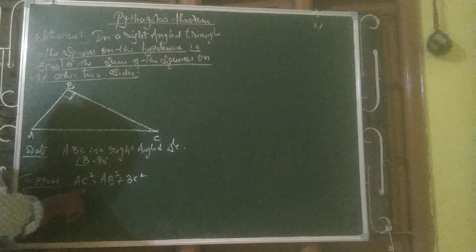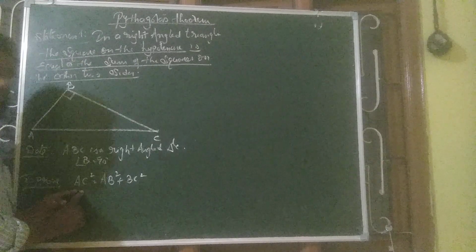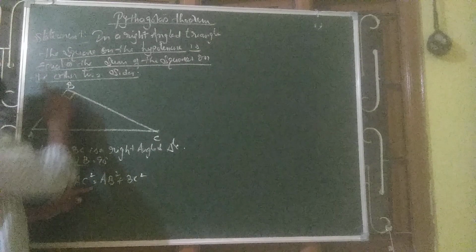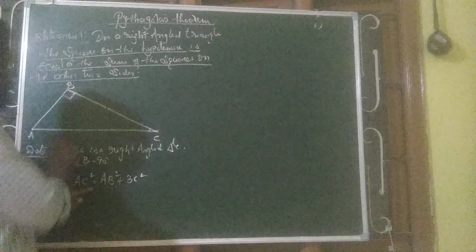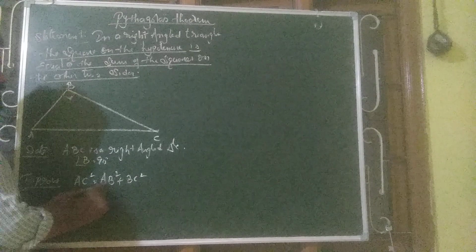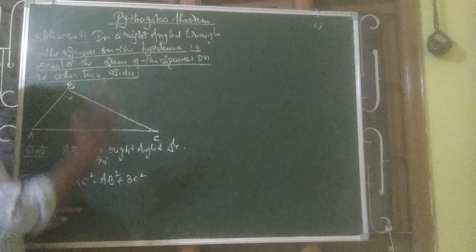So that's why AC square. See the statement, the square on the hypotenuse: AC square, is equal to the sum of the squares on the other two sides. Which are the other two sides? AB and BC. So AB square and BC square. That is what we need to prove.